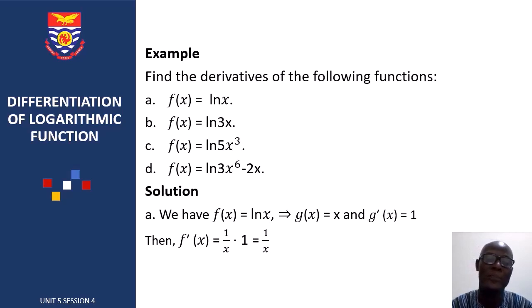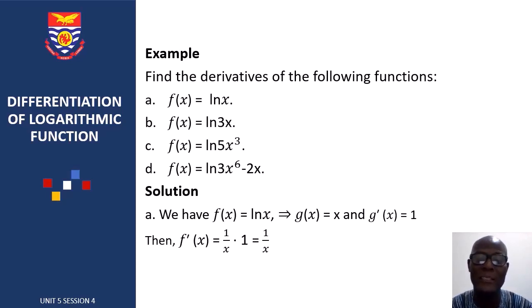Now, solution. Using the definition given, our f of x equals ln x, we let g of x be x. And we differentiate g of x with respect to x, which gives 1. But we saw that the derivative of f of x, if f of x is given as ln g of x, is 1 over g of x times the derivative of g of x.